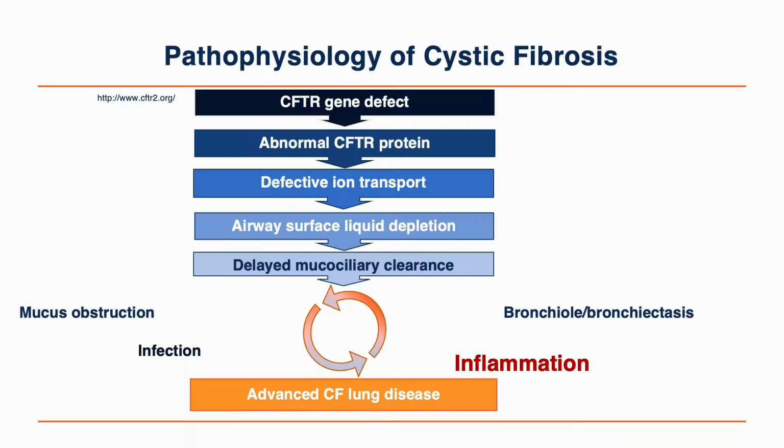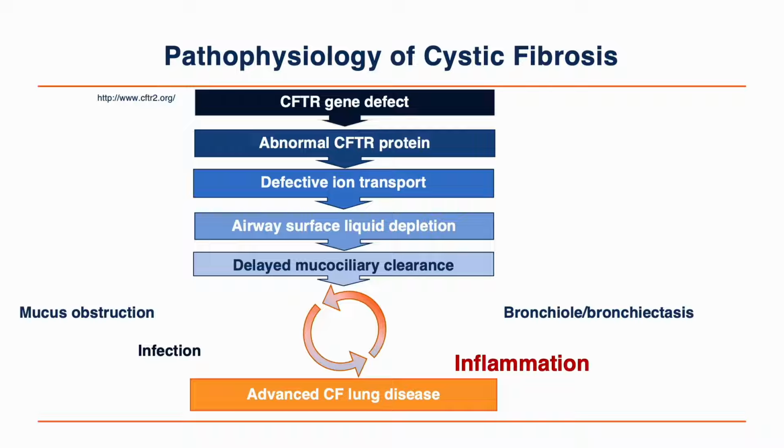So this cause of the CF airway disease has been determined over the last 20 or 25 years. Now we think we understand the cause or pathophysiology of cystic fibrosis lung disease. So I'm going to walk through this from top to bottom, thinking about the major parts of the cause over time.